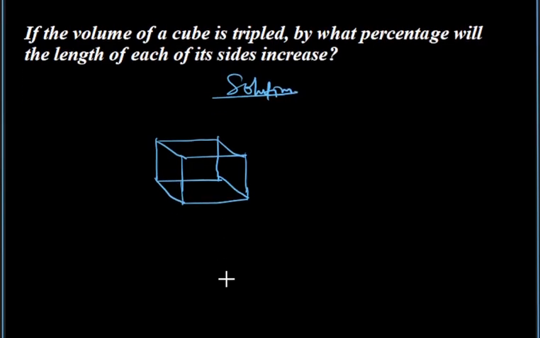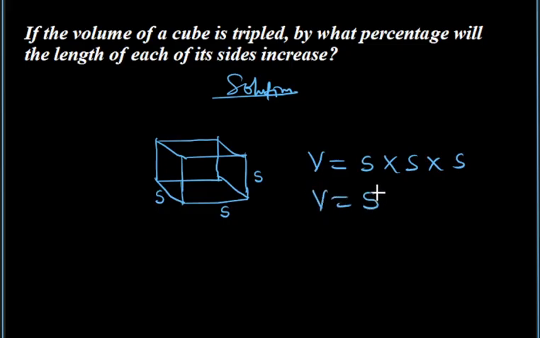Right, now you know that all the sides of a cube are equal, so this side and this side, they are all equal. Now we also know that the volume V is given as S times S times S, which is V equals S cube.